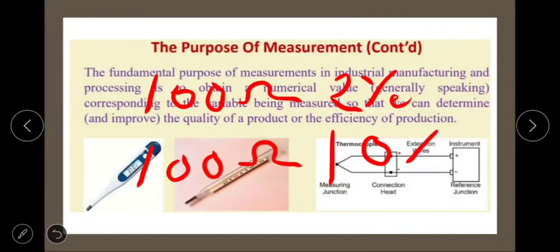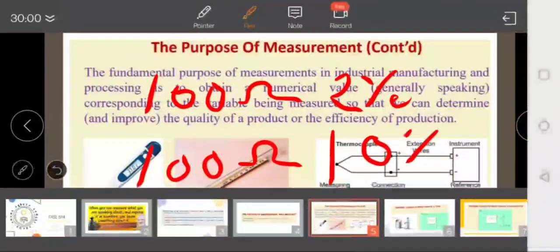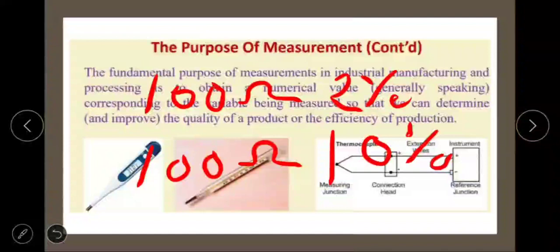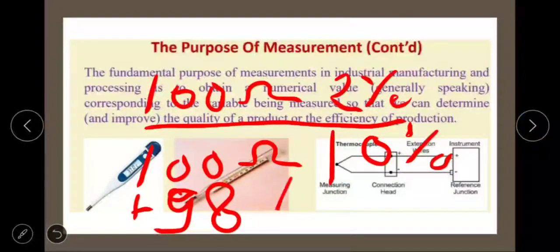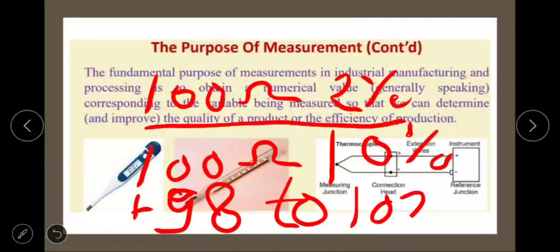So here you can understand the difference. This resistor will have a value between 98 to 102, because the tolerance, or the accuracy, is plus minus 2%, and here the accuracy is plus minus 10%.